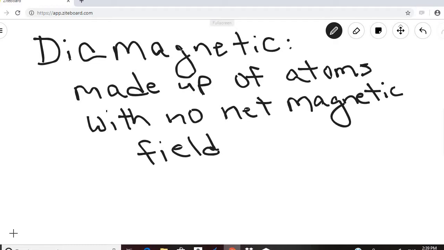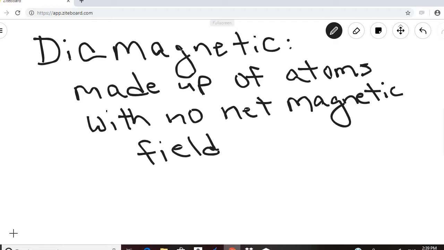Now, I did say that even though they don't have a net magnetic field, if they are exposed to a magnetic field, then the electrons will start to move, and that substance can produce a weak magnetic field, but this only happens when the atoms do not have a net magnetic field.